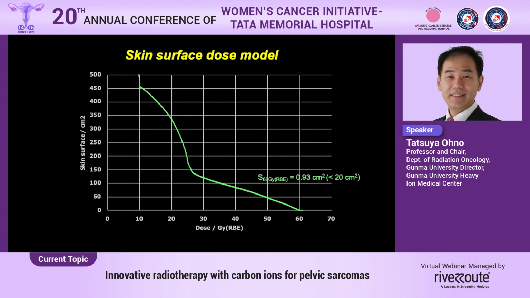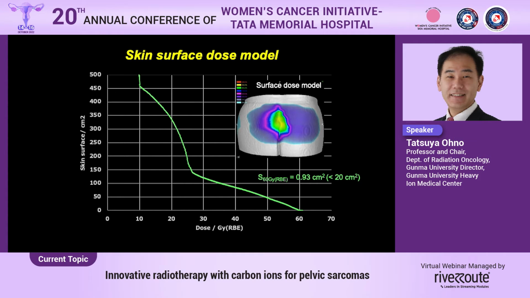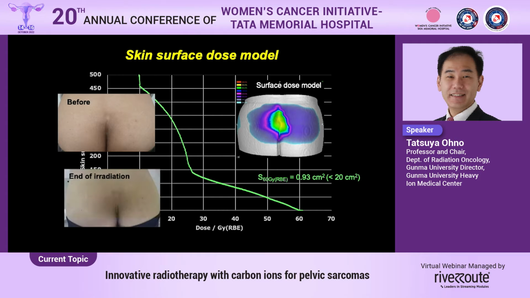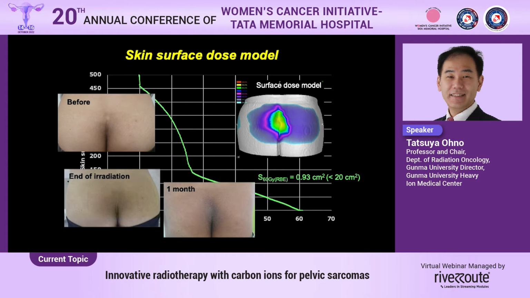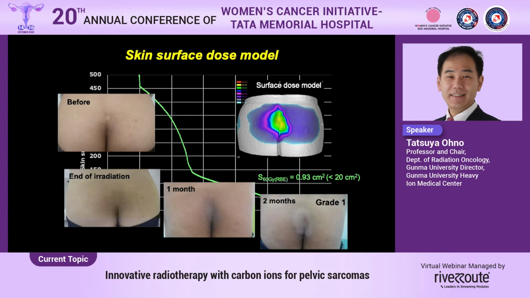In our center, surface dose model is used based on the simulation CT. The picture taken 2 months after treatment shows grade 1 skin reactions, which correlated well with the model. Such model is useful to avoid severe late skin complications.